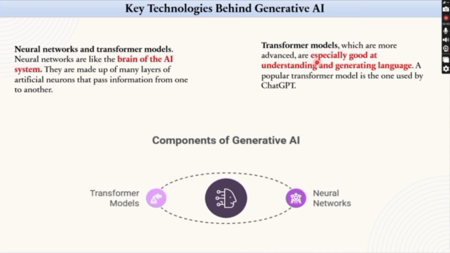A popular transformer model is the one used by ChatGPT. These models pay attention to how words or elements are related to each other in a sentence or in an image. They can focus on different parts of the input data and understand the deeper meaning behind it, which makes their output more accurate and natural.